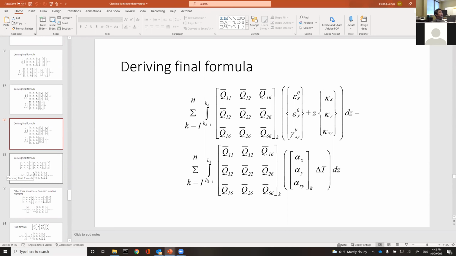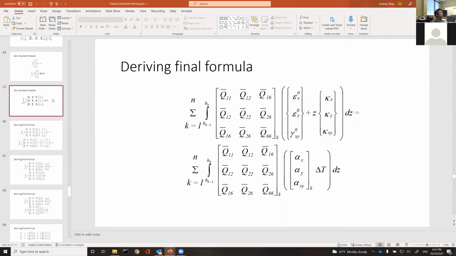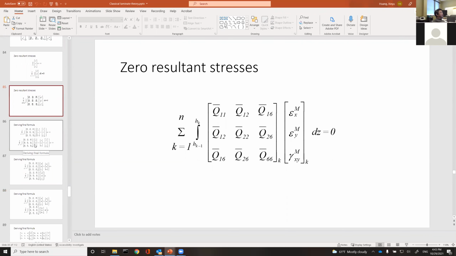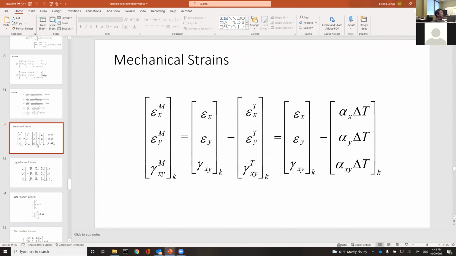Alpha transforms exactly the same way as the strain transform. Then you obtain this alpha in the XY coordinate system, which is here. So you have alpha in the XY coordinate system.